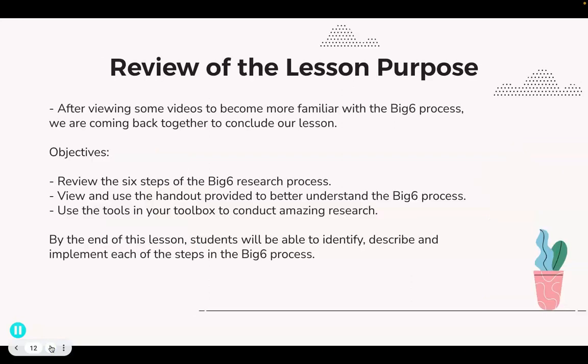Let's take a minute to review the lesson purpose for today. After viewing some videos to become more familiar with the Big 6 process, we're coming back together to conclude our lesson. Our objectives are to review the 6 steps of the Big 6 research process, view and use the handout provided to better understand the Big 6 process, and use the tools in your toolbox to conduct amazing research.